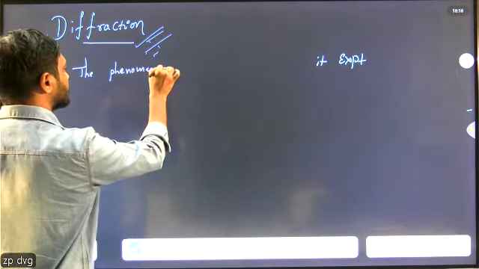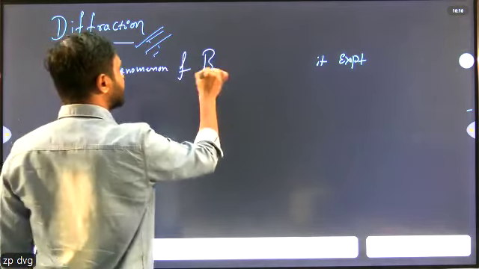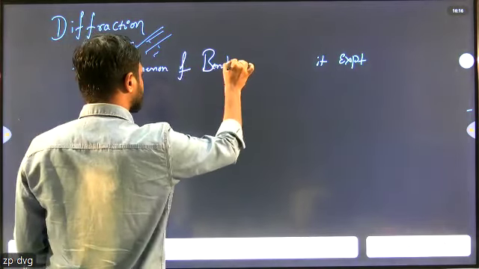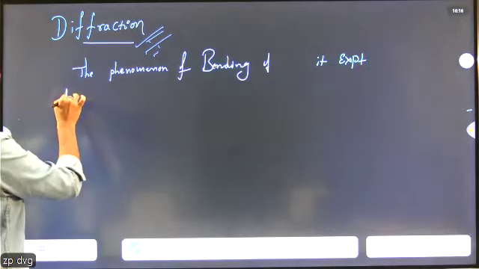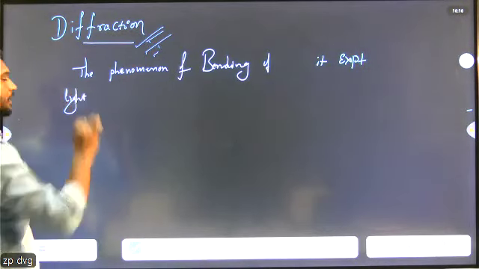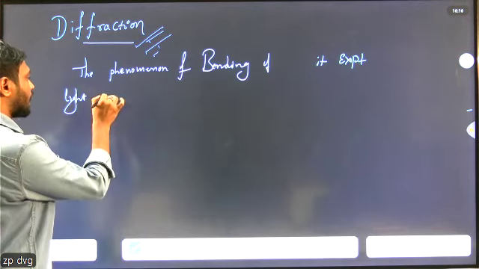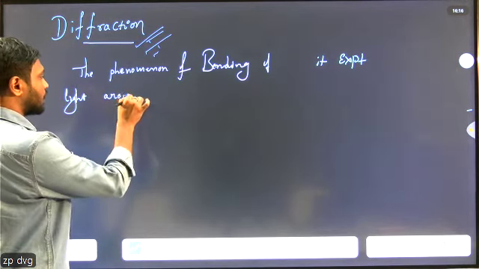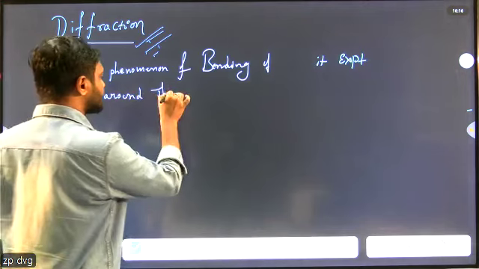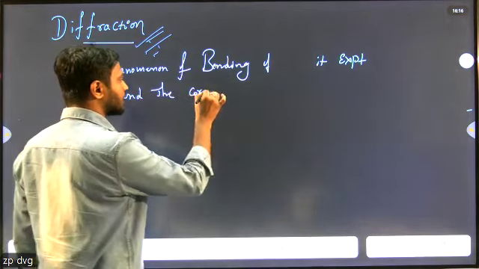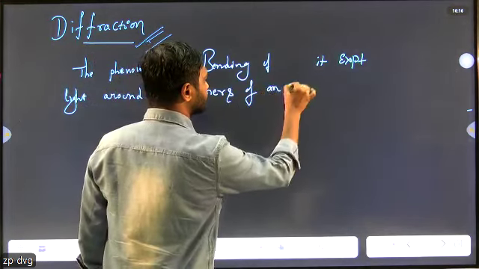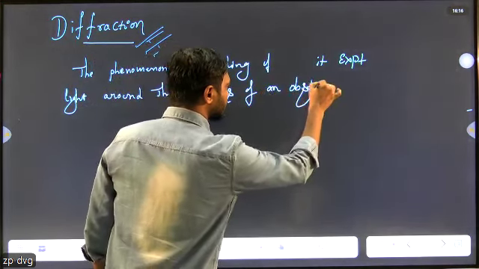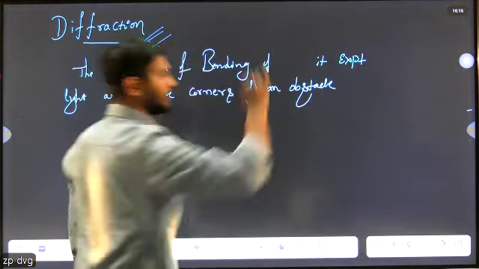The phenomenon of bending of light around the corners of an obstacle.